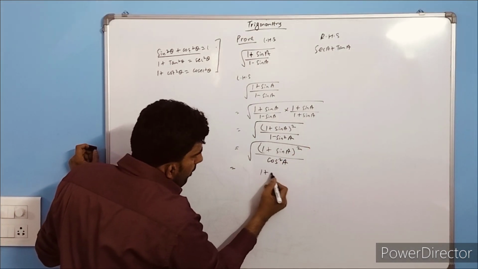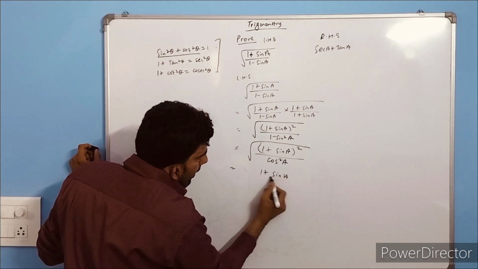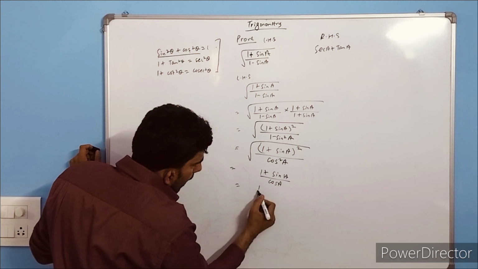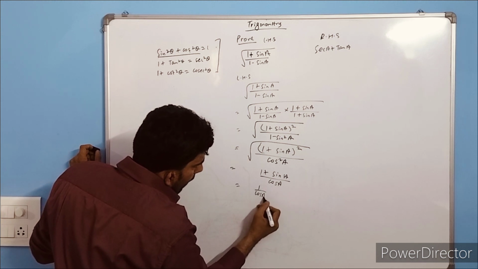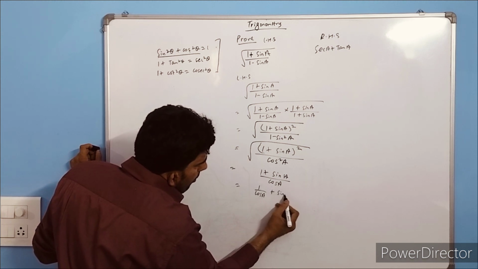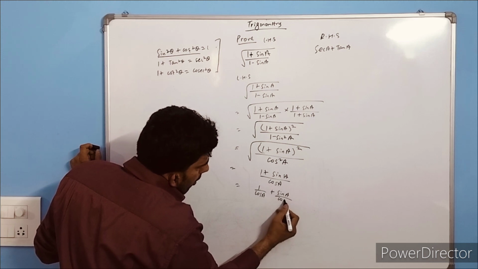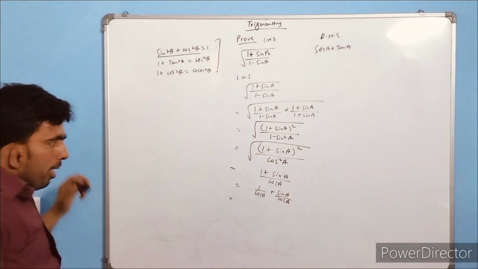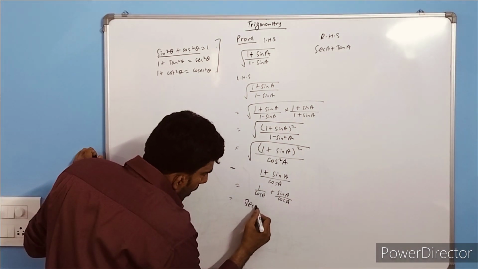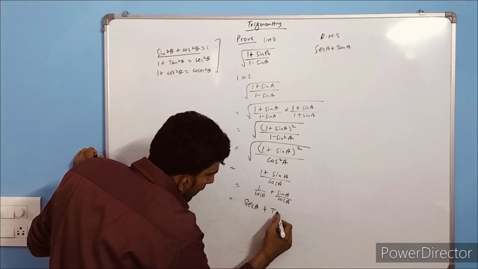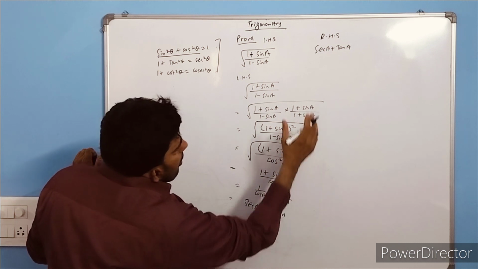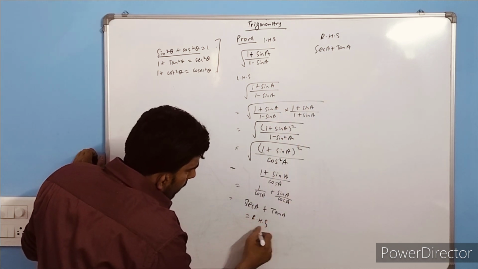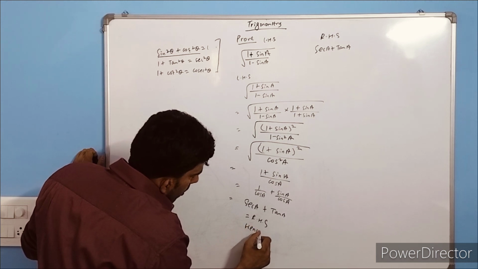So I got 1 plus sine A upon cos A. Now I can separate them. So what I got? 1 upon cos A is sec A, plus tan A. See, we have solved LHS and I got RHS, and hence proved.